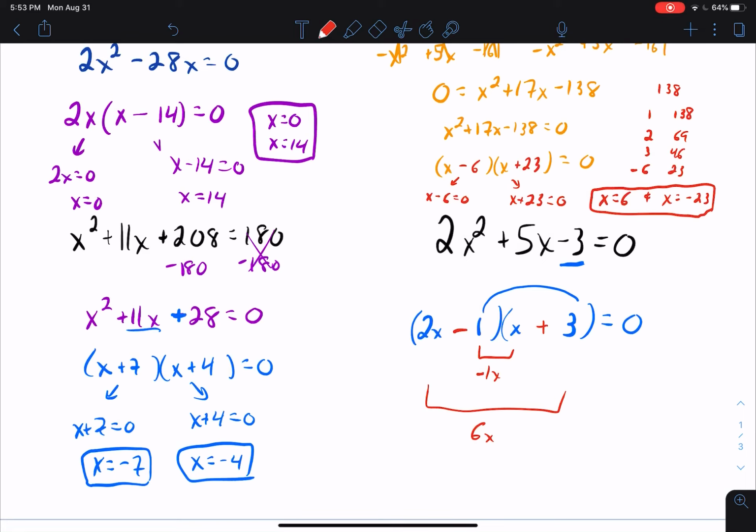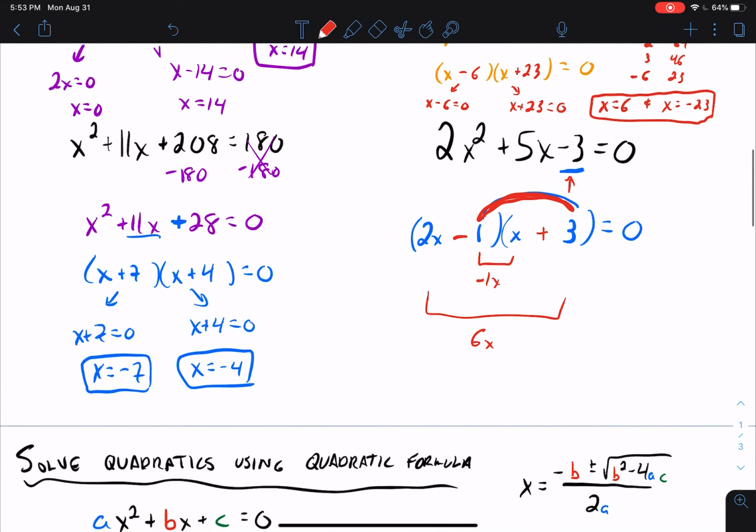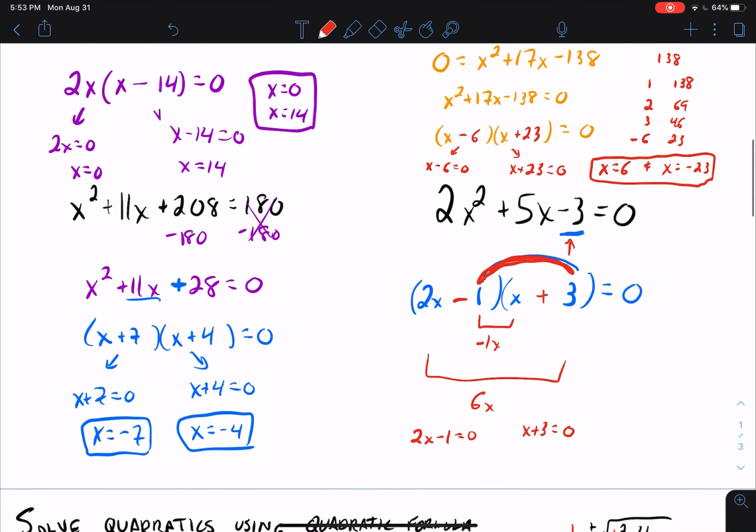But here I have to double check one last time. Do my last two terms, negative 1 times 3, does that give me negative 3? Yes, it does. So that's how I know I factored it correctly. From here, I split each factor off, set them equal to 0. Okay, so in this first one, I'm going to get x equals 1/2. And here I'm going to get x equals negative 3.